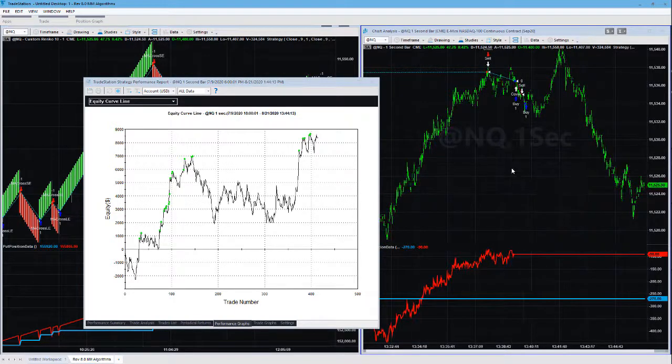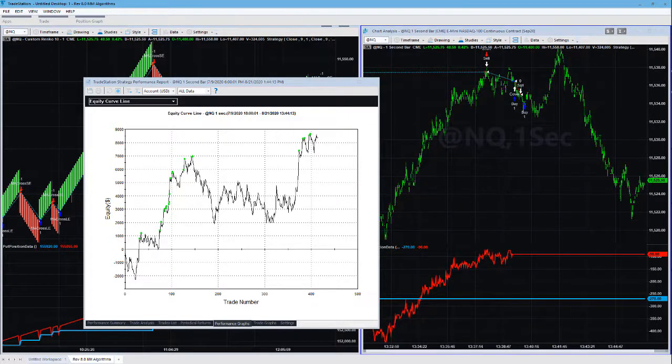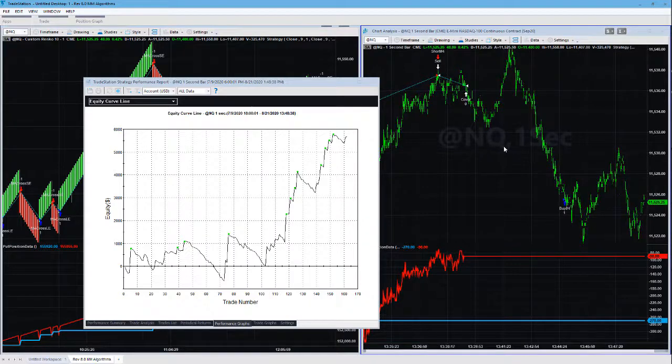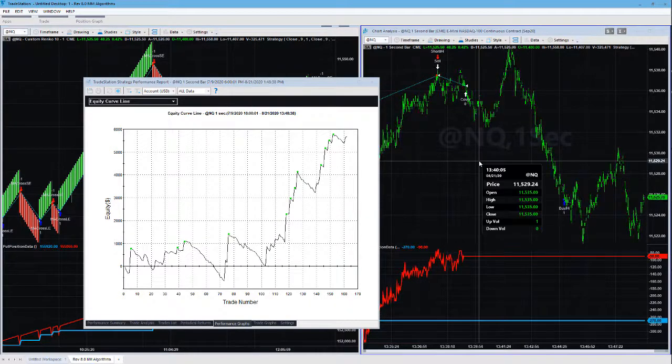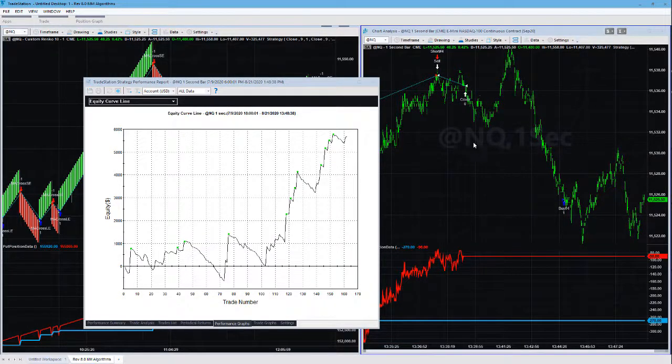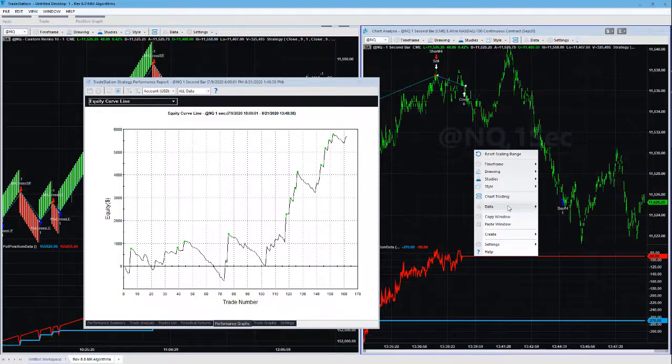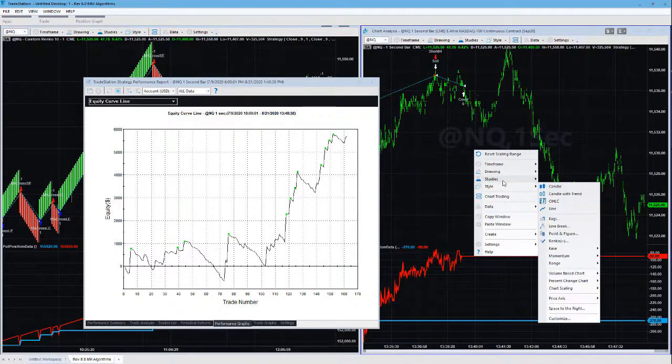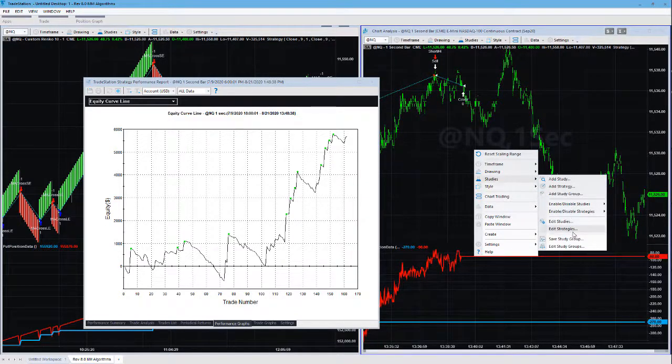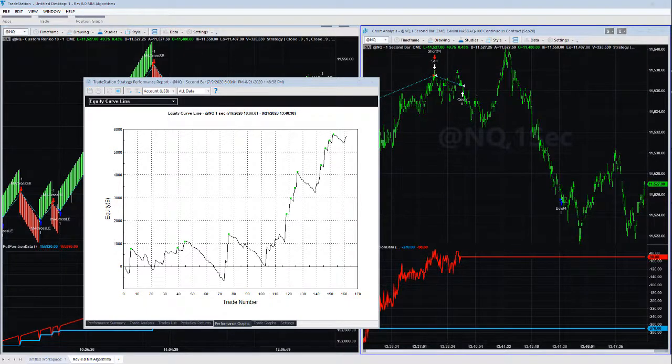Let's see if we can make this a little bit better. I want to test a few things and then come back. So I changed the entry technique and nothing else, and improved this a little bit. If I right click and select studies or edit strategies, I'll show you what I changed.